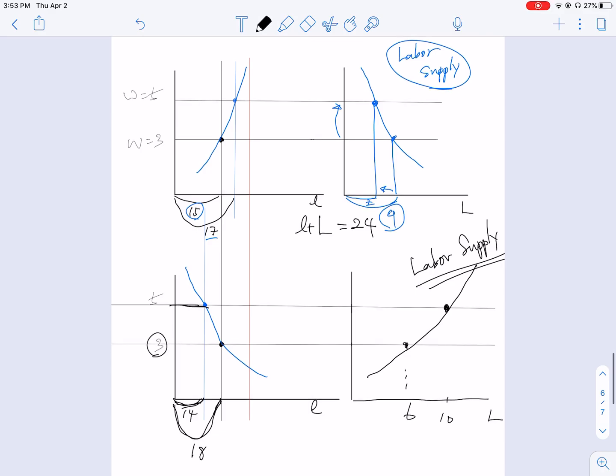So depending on the picture, we may have an upward sloping labor supply curve, like all the other supply curves, or we may end up with a downward sloping labor supply curve. Basically we need to look at the data to determine which is the right shape. We don't know that, but I'm just saying that anything can happen with the labor supply curve.